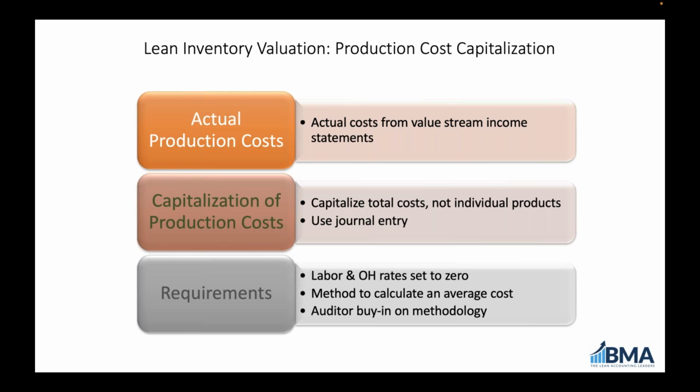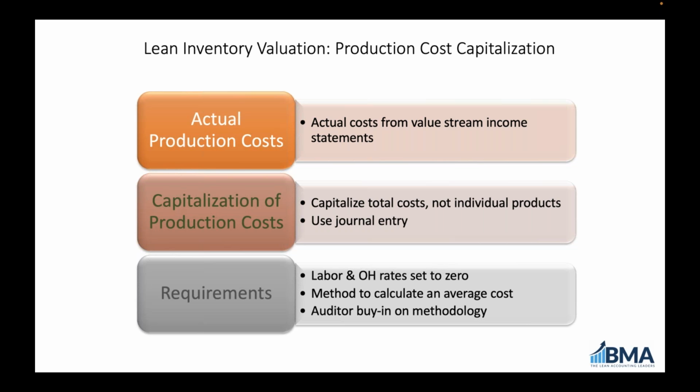I can't emphasize enough the benefits of doing this in accounting, because accounting never has to set a labor or an overhead rate again. It also, since your labor and overhead rates are 0, you don't create variances.